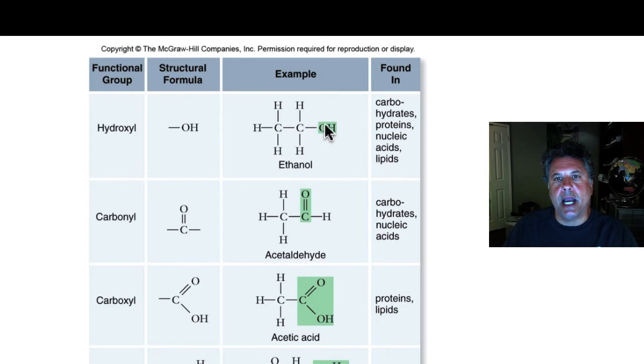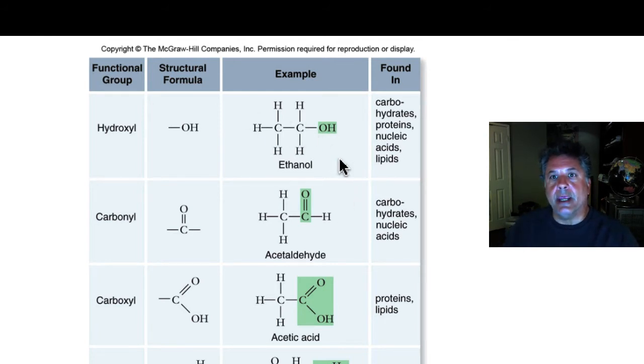If that were just a hydrogen, this would be ethane and would be very, very nonpolar. But because of that oxygen, holding electrons more tightly than that hydrogen, we have a polar covalent bond there. That lends some polarity to the ethanol molecule, and ethanol mixes with water. Otherwise, we wouldn't be able to drink it in wine or beer or anything like that.